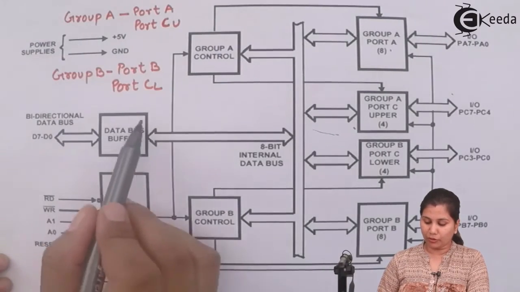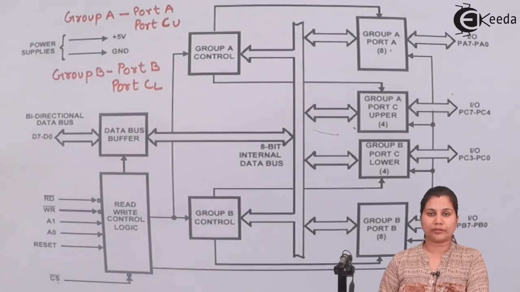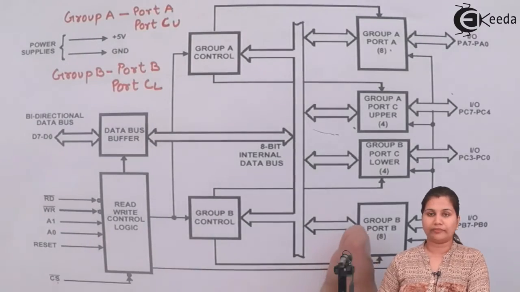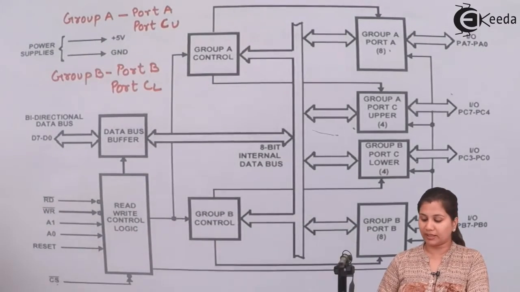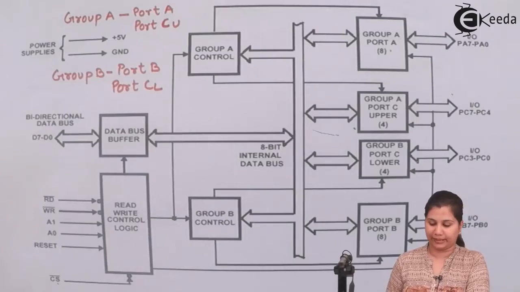So the work of this data bus buffer is to communicate with the central processing unit of the microprocessor and also with the 8255. It is a communication link which transfers the data between the 8255 and the microprocessor.